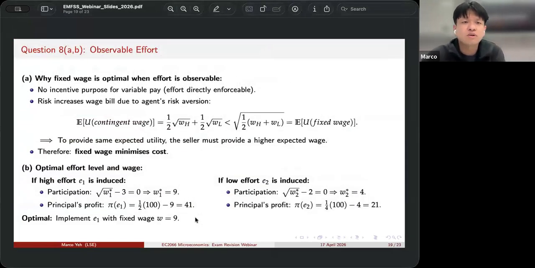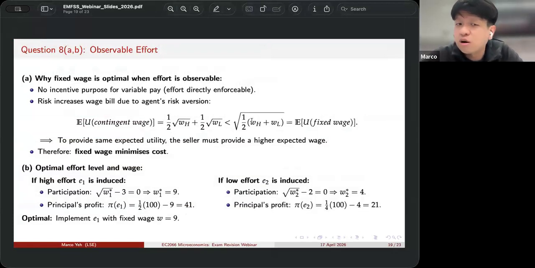These are the slides for you, and you need this sort of economic argument for a 4 mark. So part A: why is the fixed wage optimal when the effort is observable? This is the inequality for reference only. I know for some of you, it could be a little bit scary.